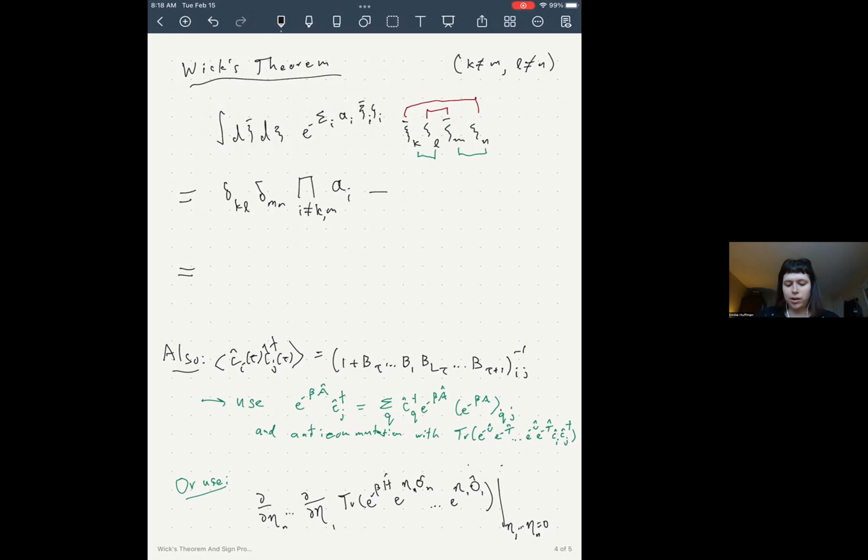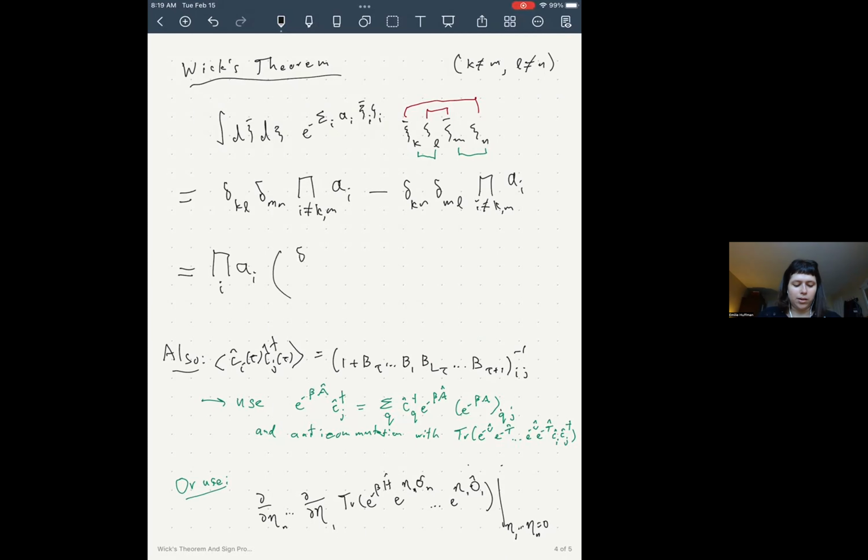So for the second case, we have the case where K is equal to N, and then M is equal to L. And then we have a product again over I, but not equal to K or M of AI. And so again, we can do something like before, where we could pull out an entire product over all the I's. And so you can envision this in the future, basically being a determinant.